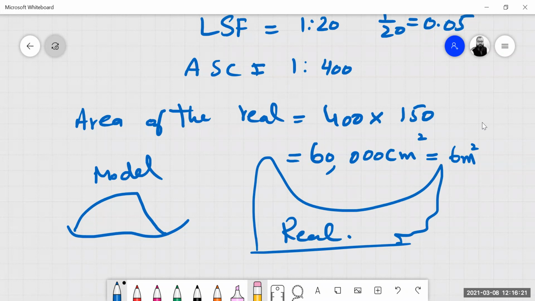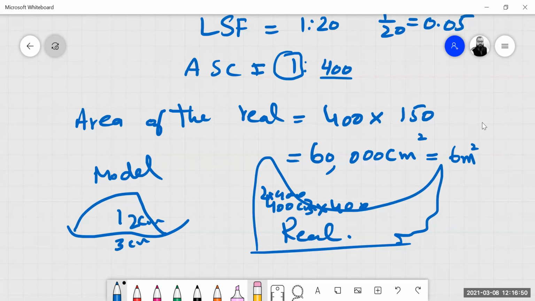Now this is 1:20, linear factor is 1:20. So area factor will be 1:400. It means if the model is 1 centimeter, the real will be 400 centimeters. If it is 2 centimeters, this will be 2 multiplied by 400. If it is 3 centimeters, this will be 3 multiplied by 400. Do you understand it now?